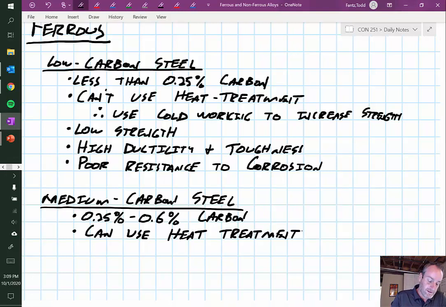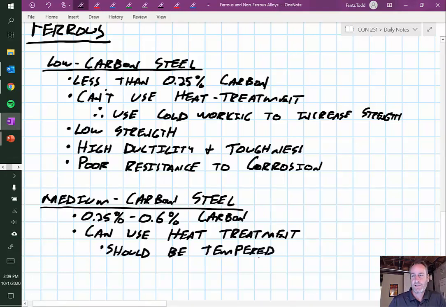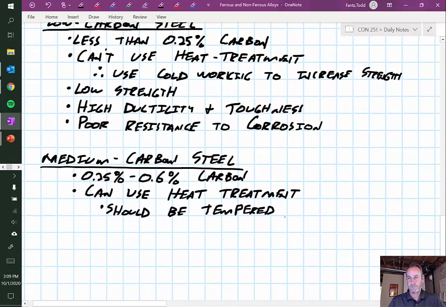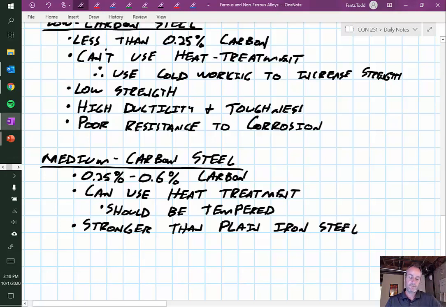If we're going to do this, we should also temper it, or tempered martensite, once again, because otherwise it would become very brittle, and that's not a very desirable characteristic. This is stronger than plain iron steel, which should make sense because we're adding this bit of carbon to it, and the carbon's what's increasing that strength.